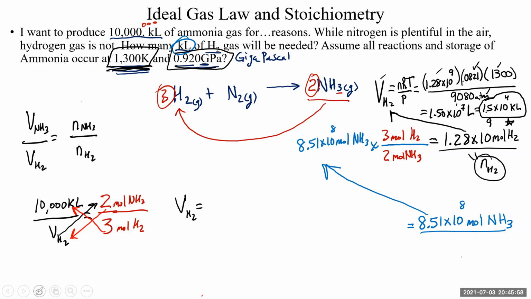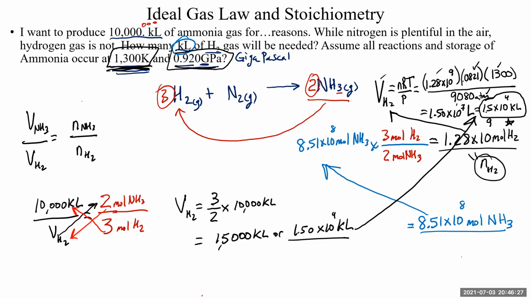So the volume of hydrogen is going to equal 3 halves times 10,000 kiloliters. That's going to equal 15,000 kiloliters, or 1.50 times 10 to the 4th kiloliters. Look at that. Could have done that in one step. Well, and some algebra.